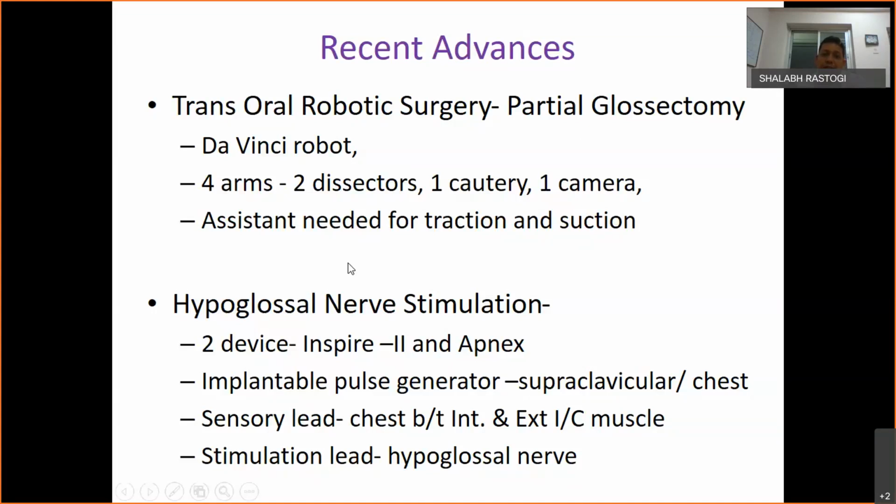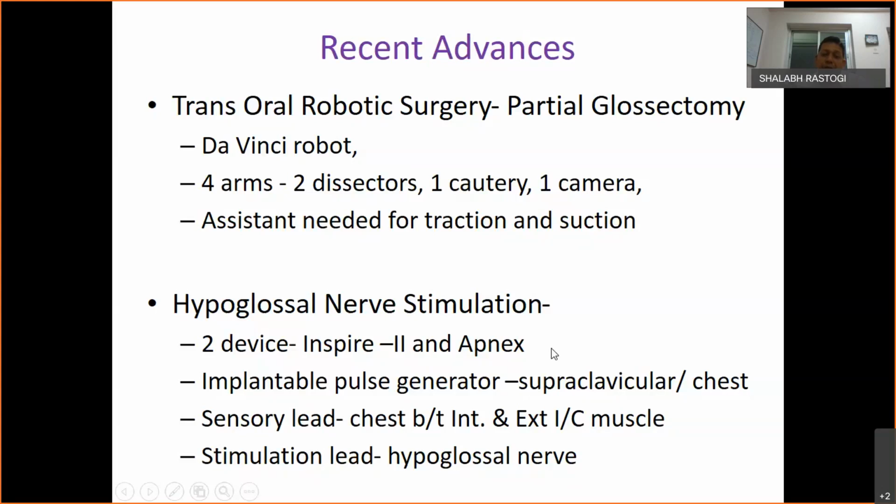Another recent advance is hypoglossal nerve stimulation. If the main cause of obstructive sleep apnea is hypotonia of the genioglossus muscle, then this is a very upcoming thing, but still not available in India. The 2 devices which are available are Inspire and Apnex.